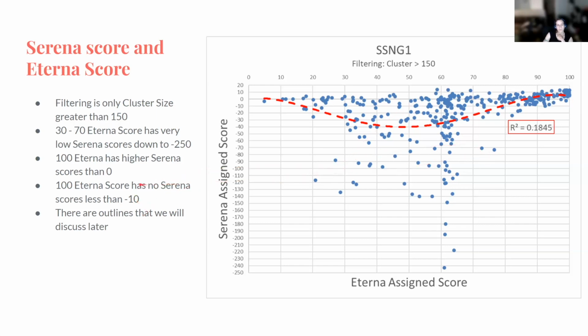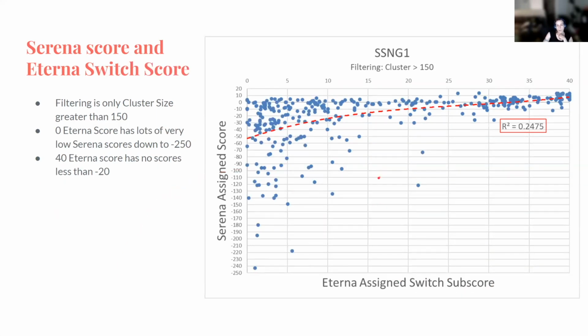But you can see that there's nothing less than -10 up here, and you get all the way down to -250 in the 60s. Now looking at the switch subscore, you see that a switch subscore of 0, which is a 60 score, or a 30, gives super low scores. And as you increase in score, your Serena score increases.